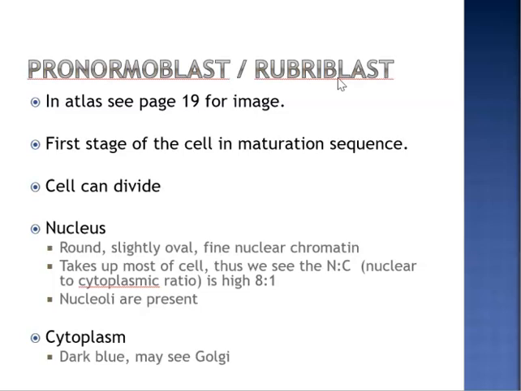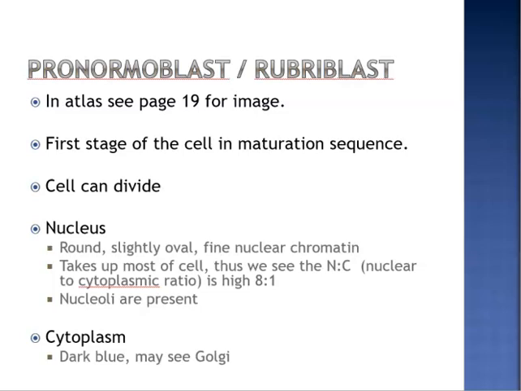In this step for the red blood cell, the cell can divide. The nucleus of the red blood cell is round to slightly oval. There's very fine nuclear chromatin. And in the different steps of the maturation sequence, we'll be talking about the N:C ratio, which is the nuclear to cytoplasmic ratio.